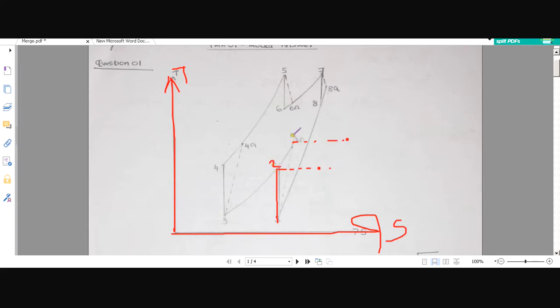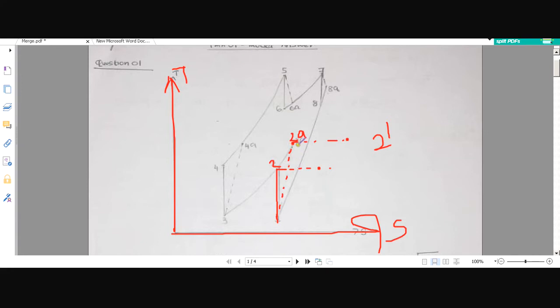Point 2a is the actual point. On the board I denoted the actual representation as 2 dash, but doesn't matter, here this simple a means actual. So 2a is the actual representation, so we can connect it by a dotted straight line like this.